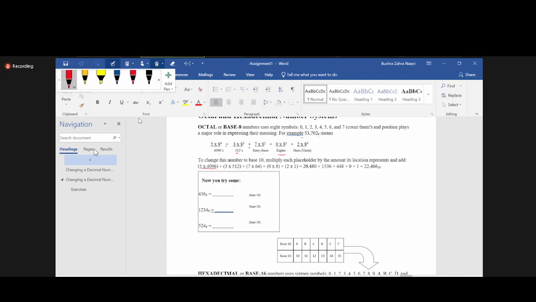So this is the weighted value for each digit position. 8 raised to the power 4 is 4096. 8 raised to the power 3 is 512, and so on. 8 raised to the power 0 is 1, correct?